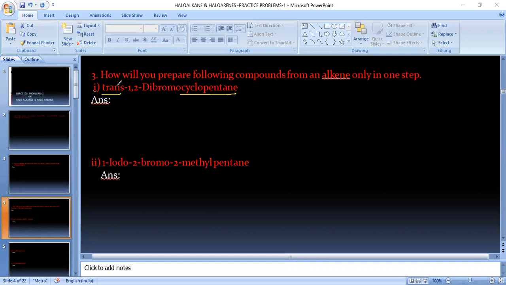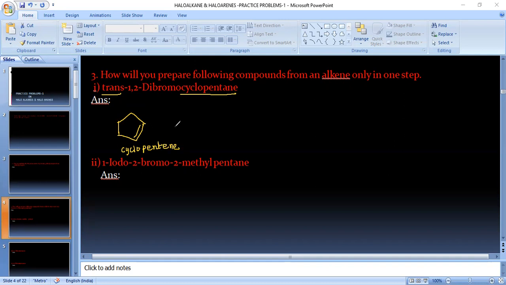So how will you prepare the following compounds from an alkene? What type of alkene should be taken over here? Pentene. So how can we draw it? 1, 2, 3, 4, 5. I'm taking it over here. This one belongs to what?